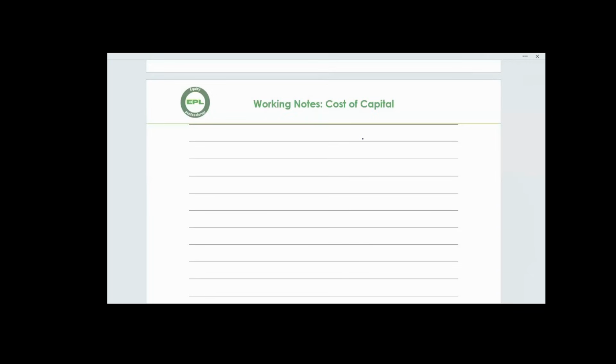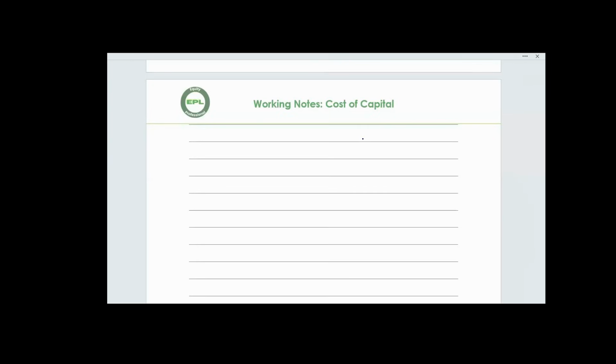The first step is to calculate cost of equity. Step 2, you determine cost of preference share. Then step 3, you compute cost of debt. Then step 4, you estimate weighted average cost of capital.